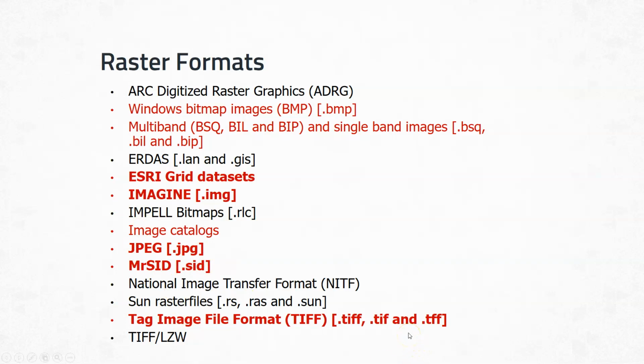So those aren't going to faze you. SIDs can be added directly to ArcGIS. IMG files can be added, and then the native raster format in ArcGIS Pro is what's called a grid data set, and you'll learn how to work with those.